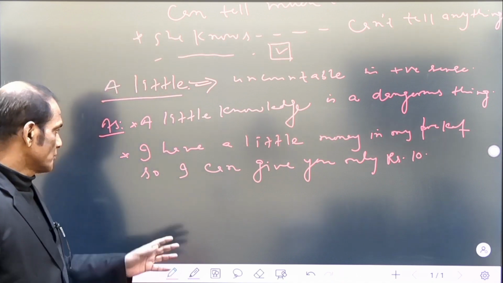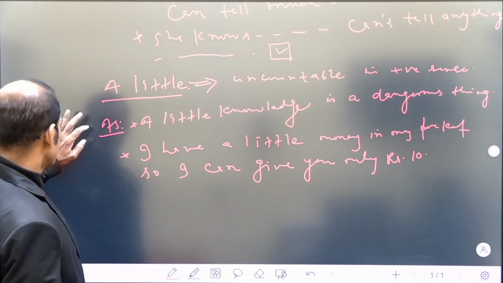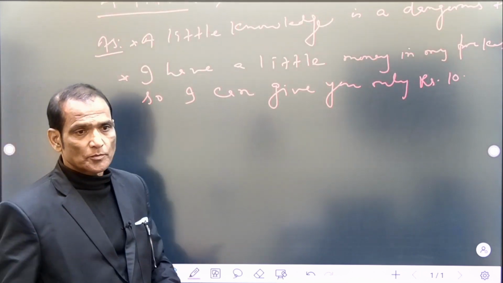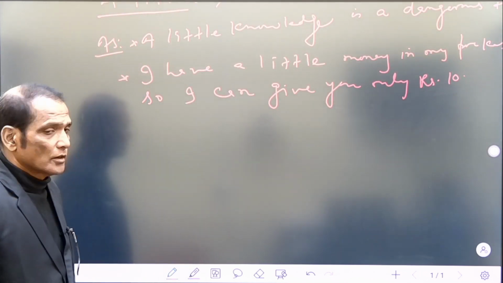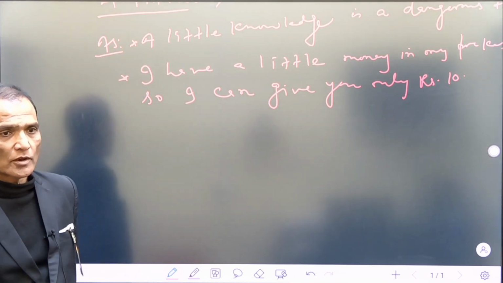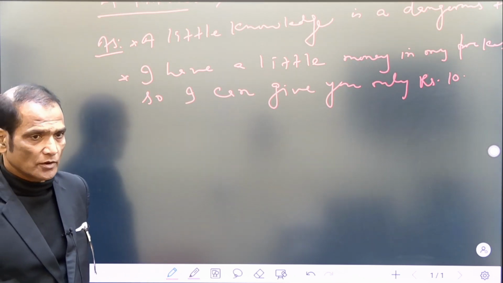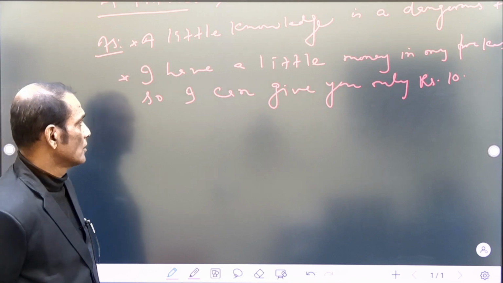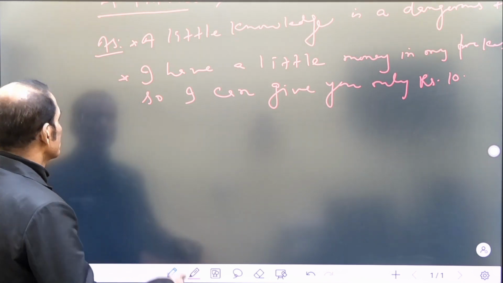Your sense is positive. So what we came to conclude is that if your PC has a little, then your subordinate clause should be in positive sense, because a little gives positive sense. This one you have to learn, this one you have to remember, this one you have to put in your mind. So be cautious.